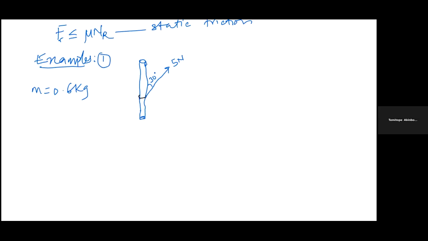The ring is in equilibrium, acted on by a force of magnitude 5 Newton, pulling upwards at 30 degrees to the vertical. Full stop.